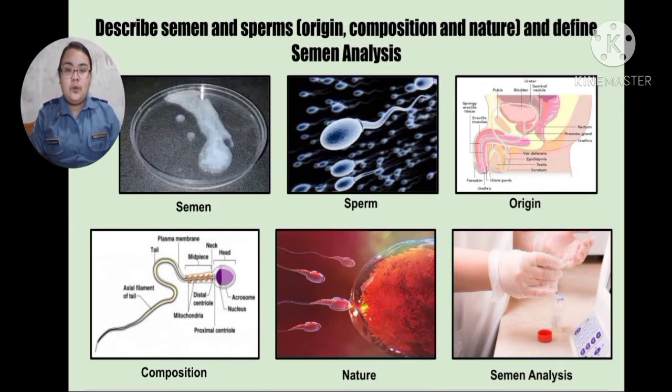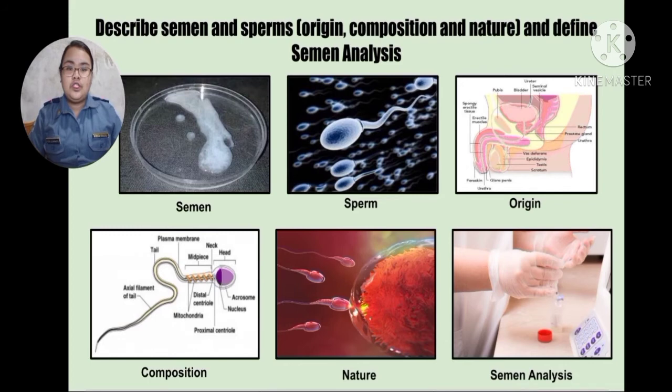Yung semen daw po is binubuo ng proteins and nutrients. It comprises vitamin C, calcium, citric acid, fructose, lactic acid, magnesium, phosphorus, potassium, sodium, vitamin B12, and zinc. Ayun daw po yung mga vitamins na meron sa isang semen or sperm.